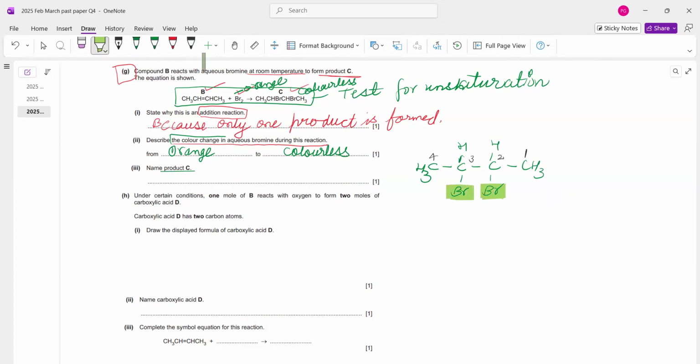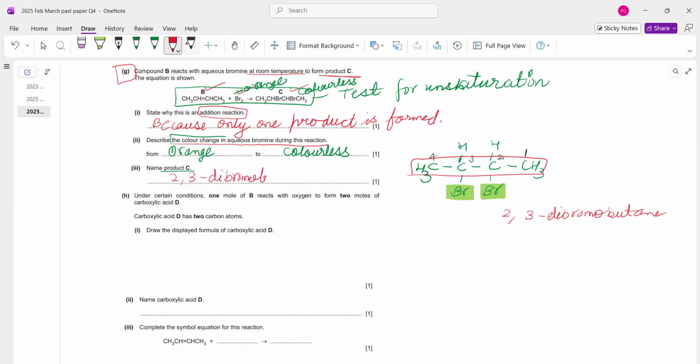So functional groups are bromine atoms here. So the name is written as 2,3-dibromobutane. So the product is 2,3-dibromobutane.